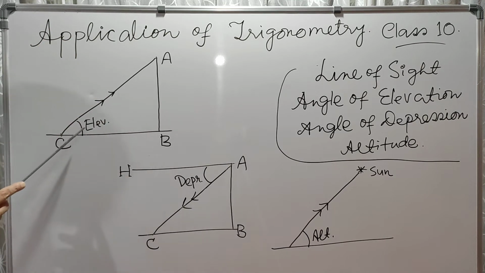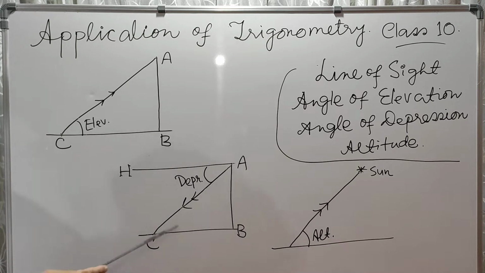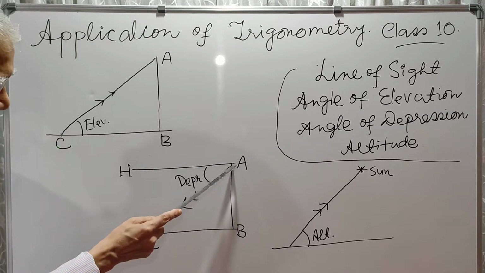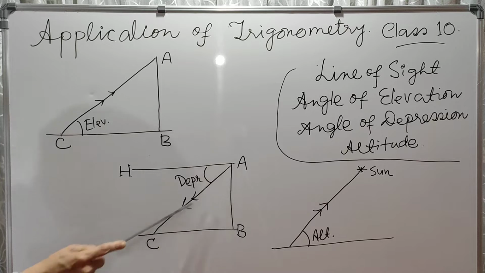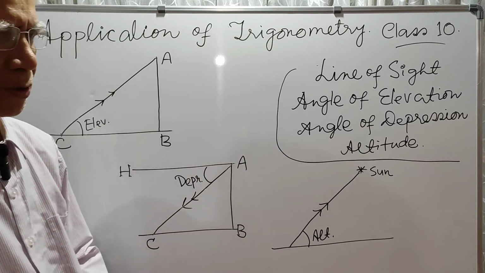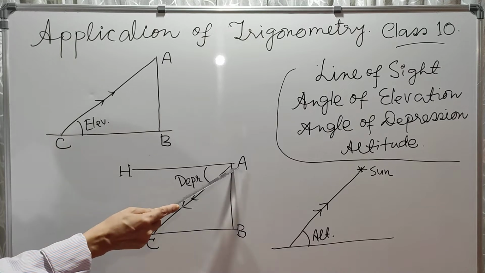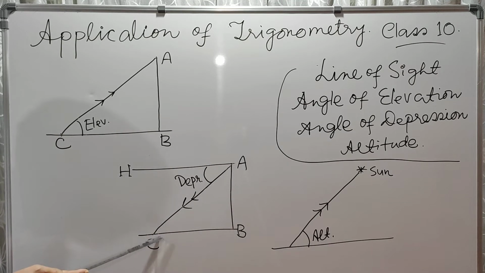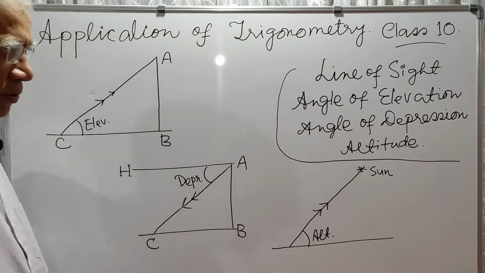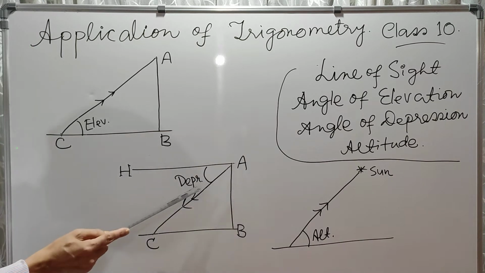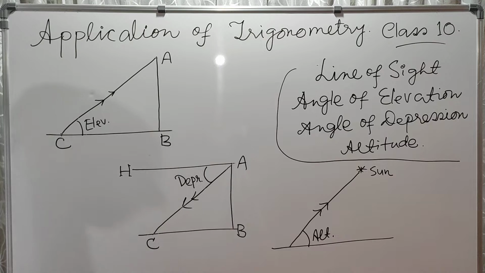This is why this is called angle of elevation. Now here, from this point, when the observer is looking down, the observer has to depress his eyes, lower his eyes, to look at this object which is on the ground. This is why this angle is called angle of depression.